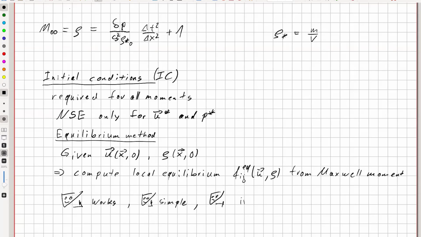This is inconsistent. Inconsistent, in particular for second moments. It's funny that I say it works and then I say it is inconsistent.